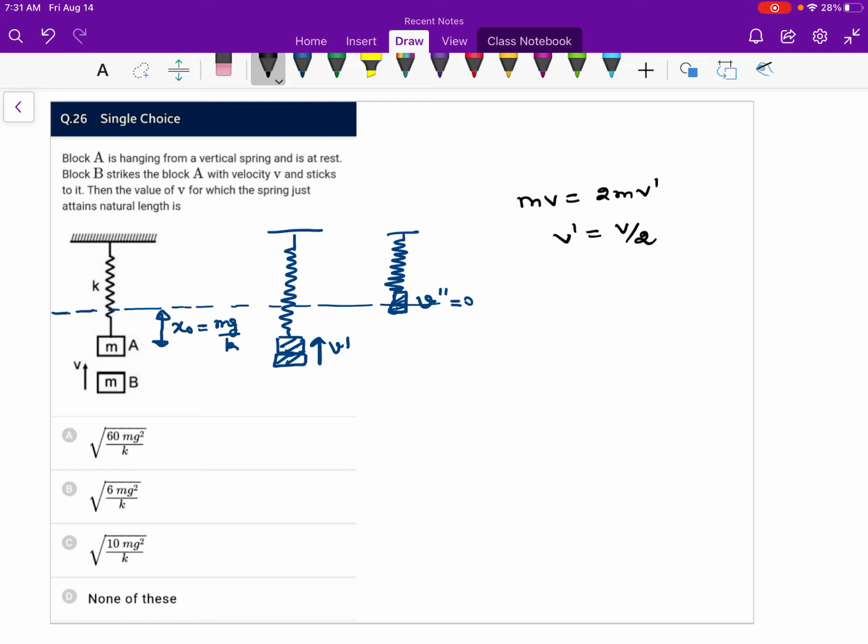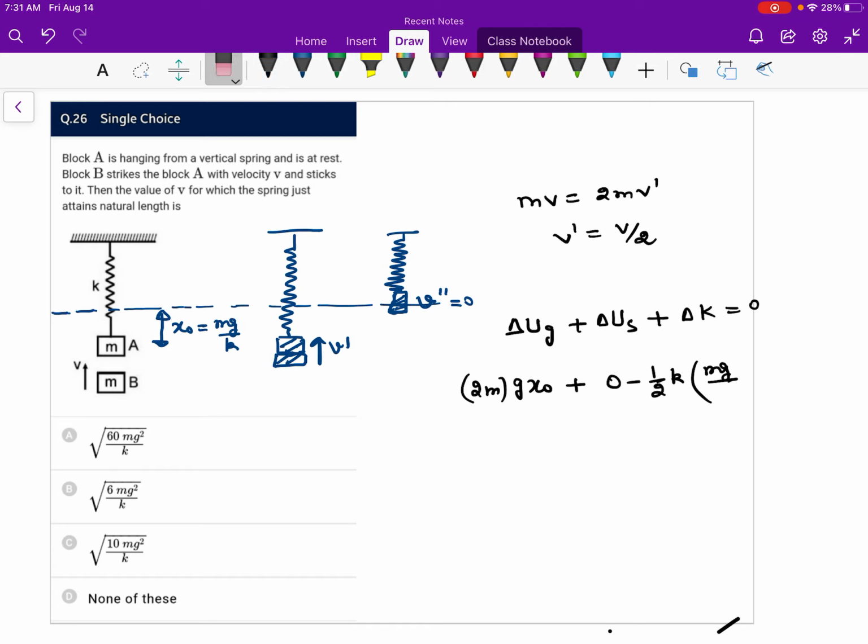Now applying energy conservation, delta Ug plus delta Us plus delta K is equal to 0. So delta Ug is 2mg x naught, this is the gain in potential energy. Delta Us is finally 0 minus half k x naught square, where x naught is mg by k.